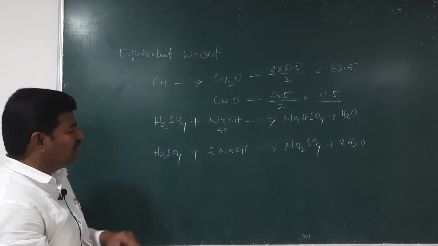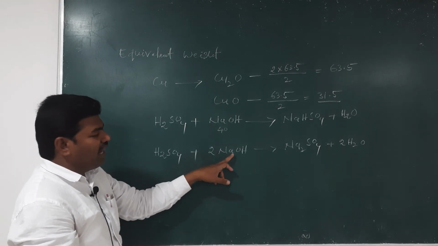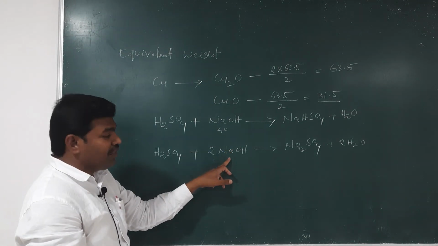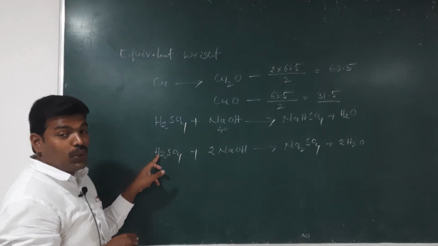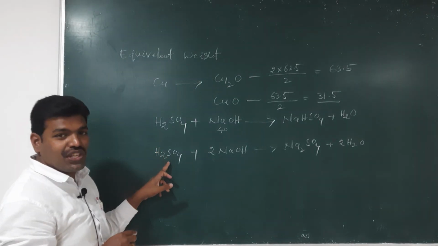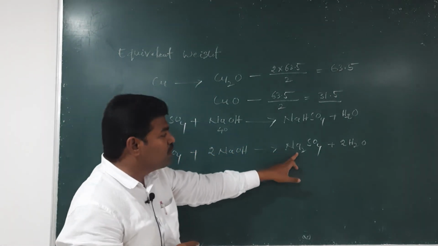But 2 into 40, 80 grams of sodium hydroxide displaces 2 hydrogens from H2SO4 to form sodium sulfate.